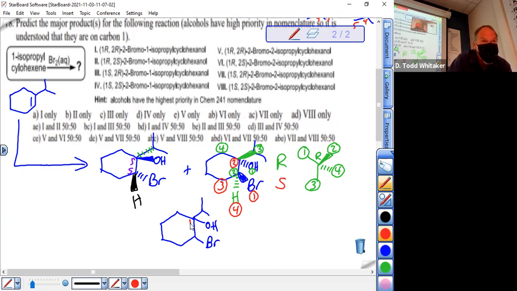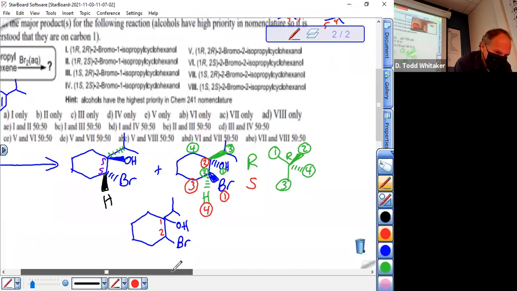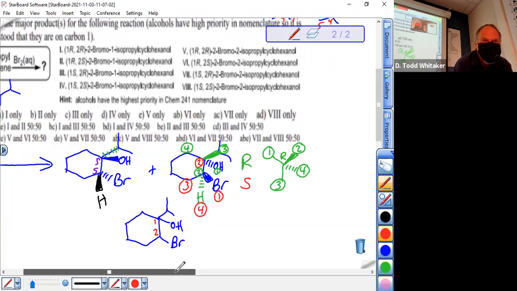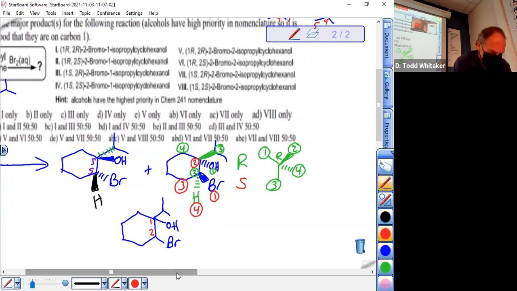And of course, if you want the bromine to be on a carbon with the lowest possible number now, it's number 2. So get rid of the answers that don't have the bromine on 2. How about this? Get rid of the answers that don't have the isopropyl on 1. Isn't the isopropyl on 1 here? Doesn't that make this wrong? And this one's okay.